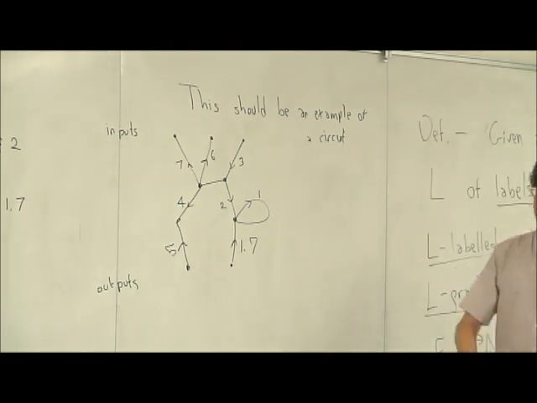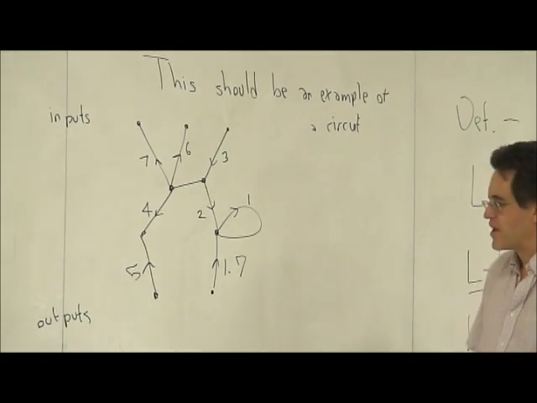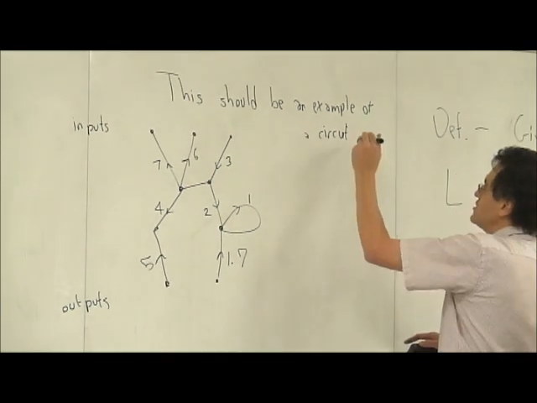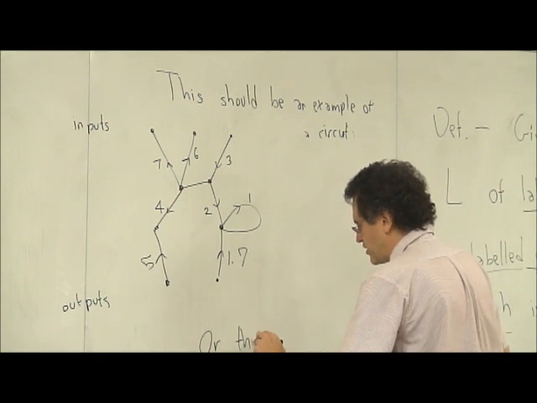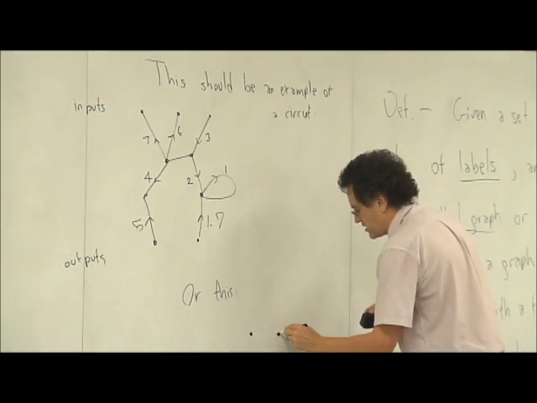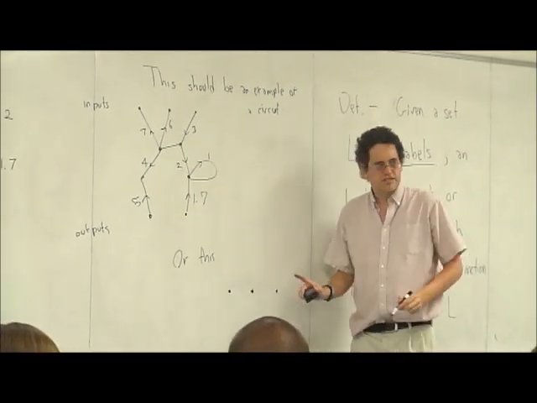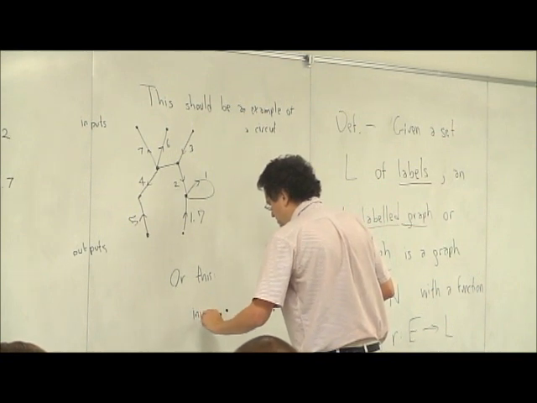So that's an example, okay. But it turns out that there are other examples that look weird at first, but turn out to be really crucial. It's really good, it turns out, to have a circuit that looks just like this, where the inputs are the same as the outputs.